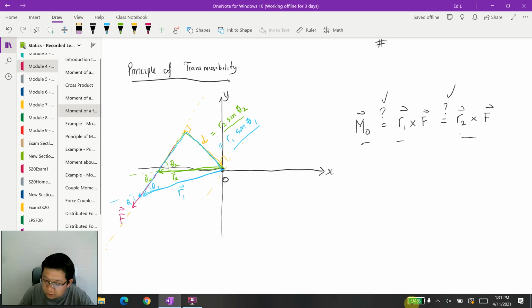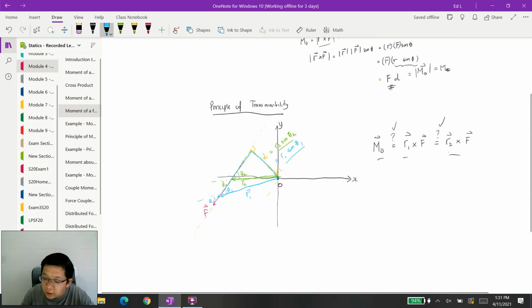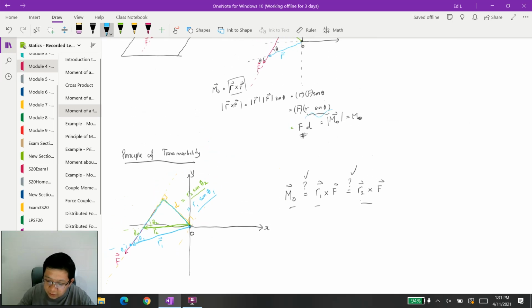Because eventually, as we have shown above, it's going to lead us to the same expression in which the magnitude of M naught will be equal to F times D when you approach it using either R1 or R2. So no matter which R you choose, when you calculate the moment using this cross product, it's going to give you the same result.